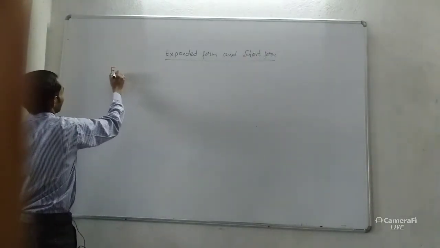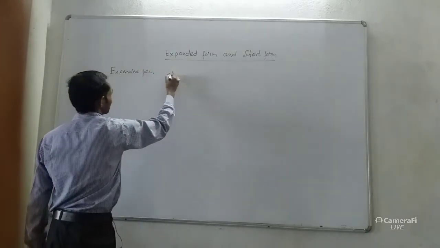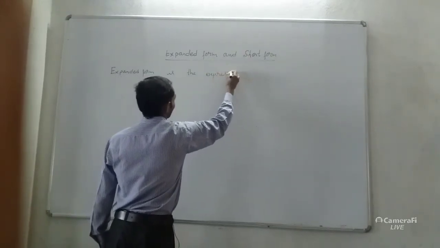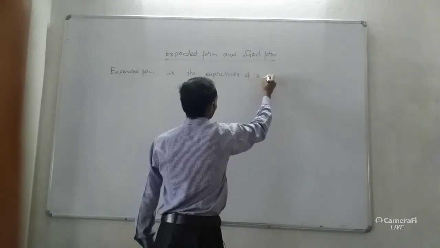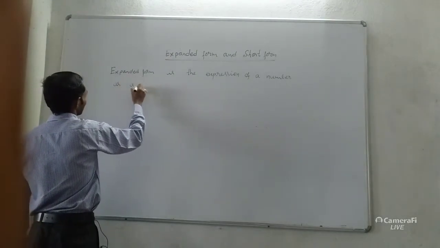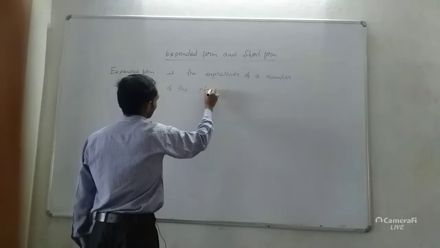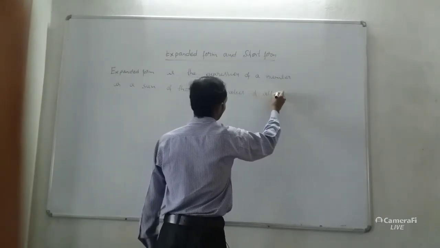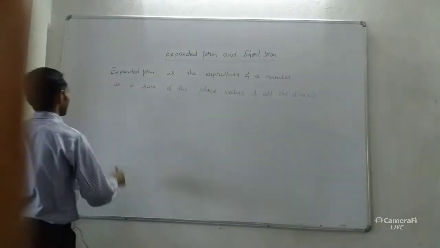An expanded form is the expression of a number as a sum of the place values of all the digits in the number.